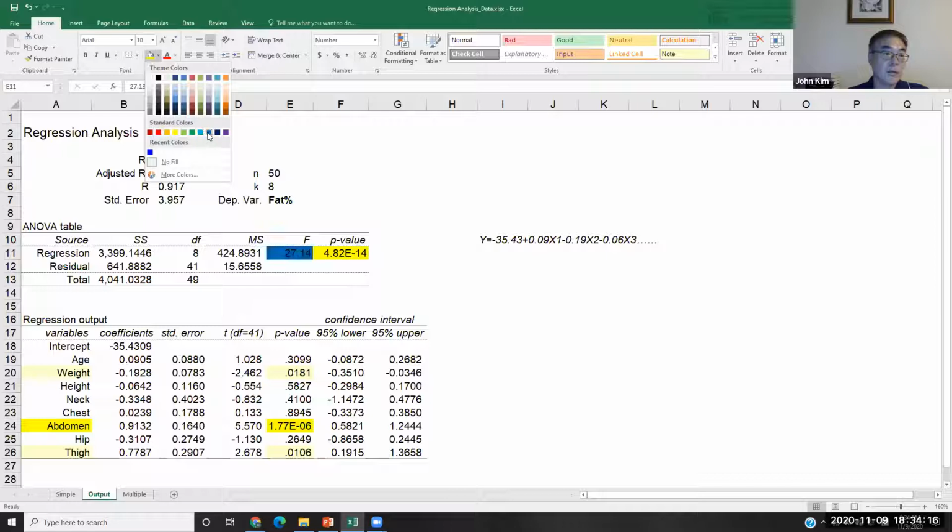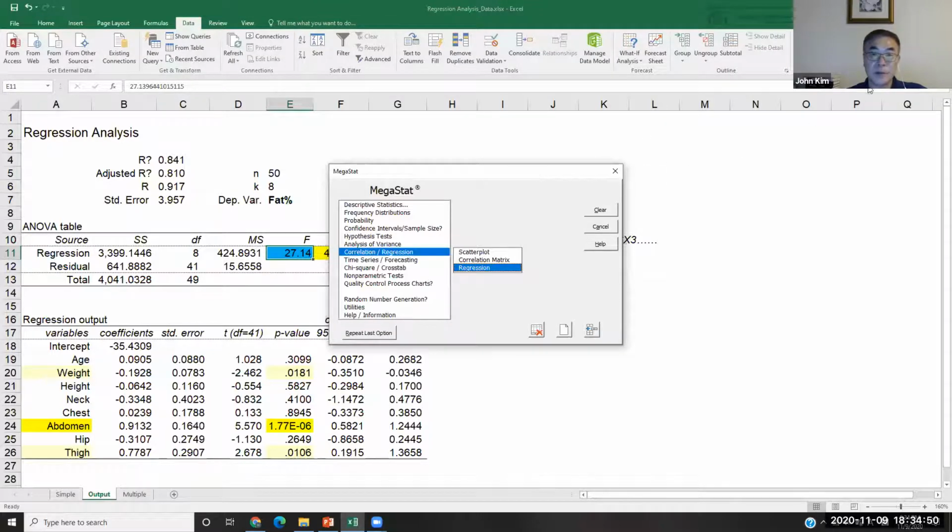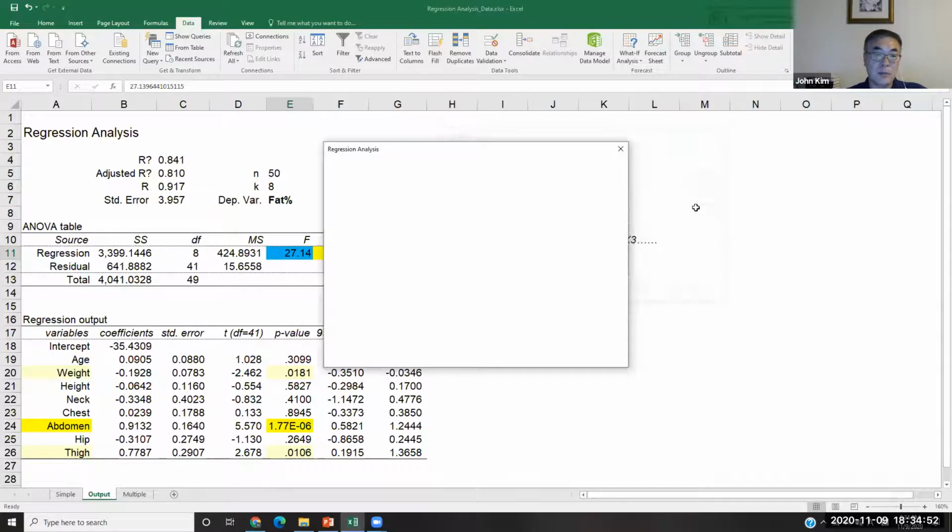This one is the F statistic, the test statistic, for the global test, but we don't know the critical value. So for that, go to data, Megastat.